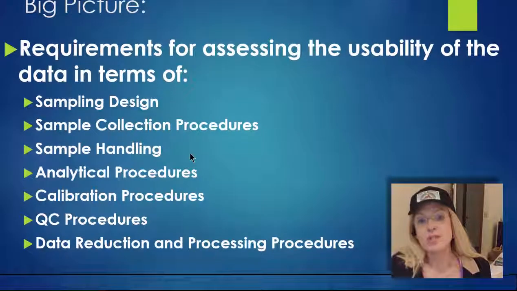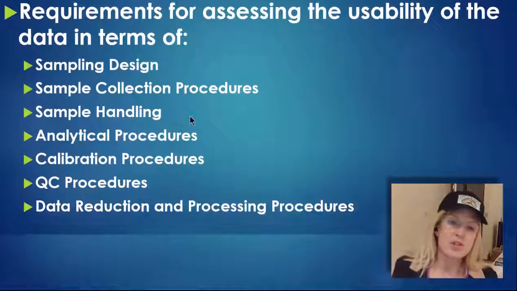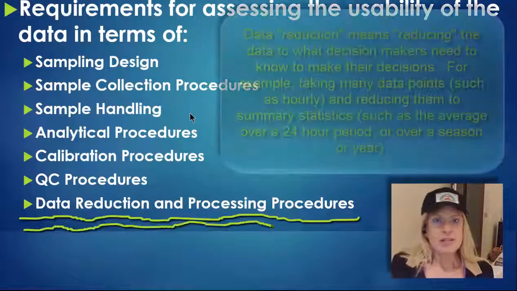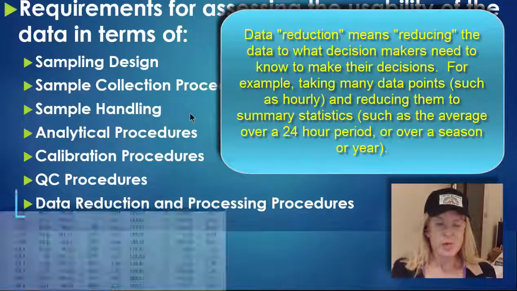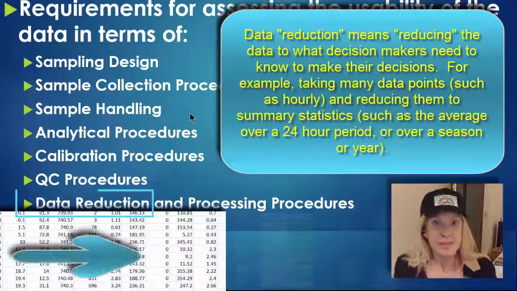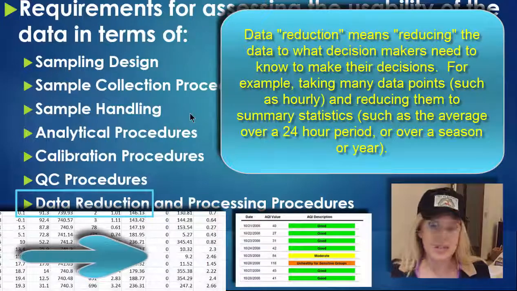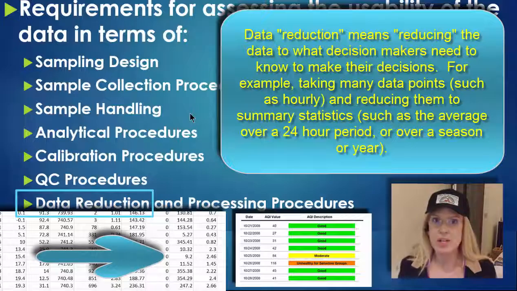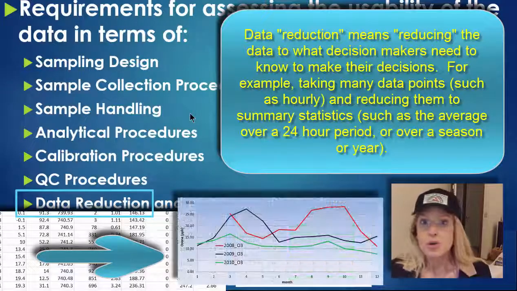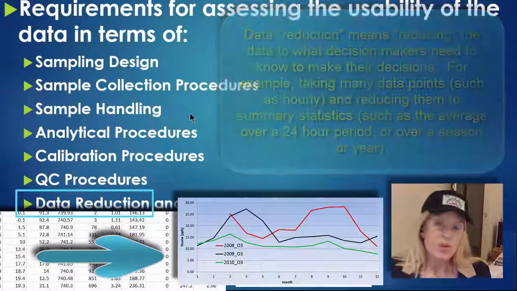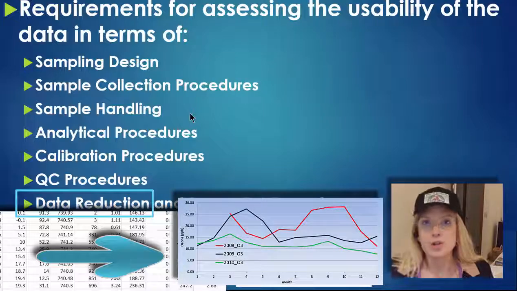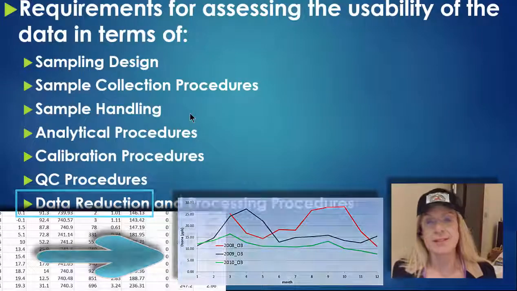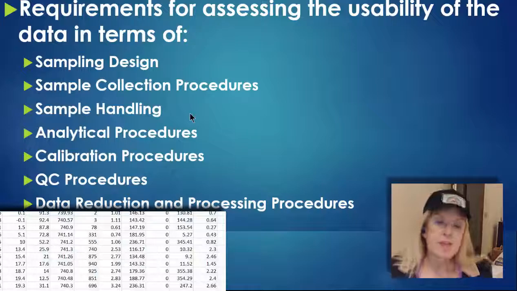And then data reduction and processing procedures. So data reduction means taking 1,000,000 rows of data and reducing them into something that you can understand. Usually average concentrations over a time period, or averaged over several sites, for example in a water body, or however you're doing your summary statistics, that's reducing the data and then processing it.